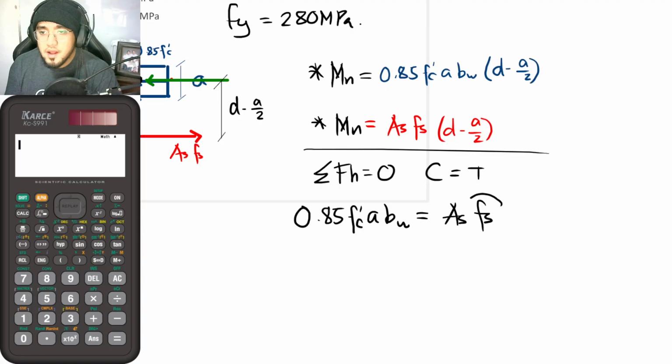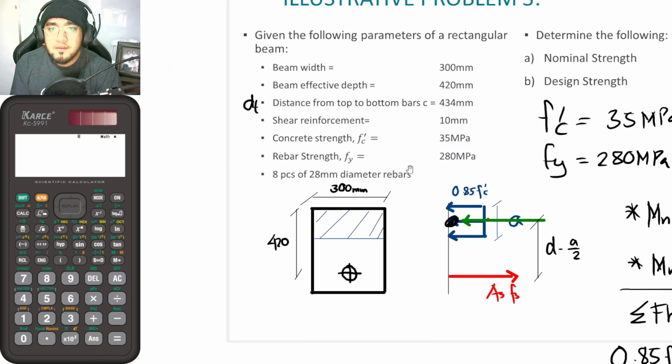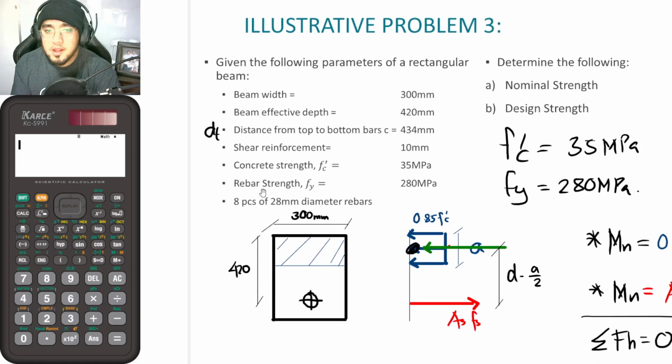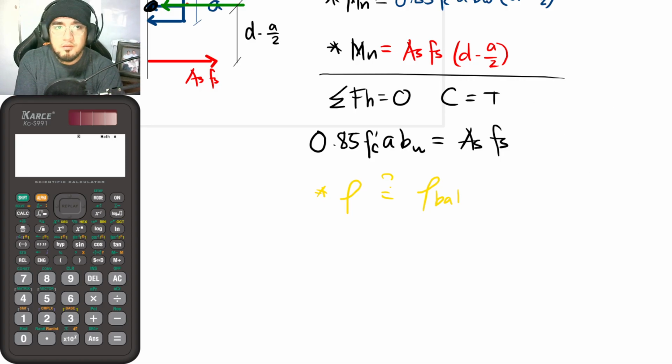So what is now the value of fs? Since we are already given this parameter, we already know the number of rebars here, it would be better if we would once again get the rho and compare it with rho balance. So let's check. For the value of rho, same thing, that is As over bw d.